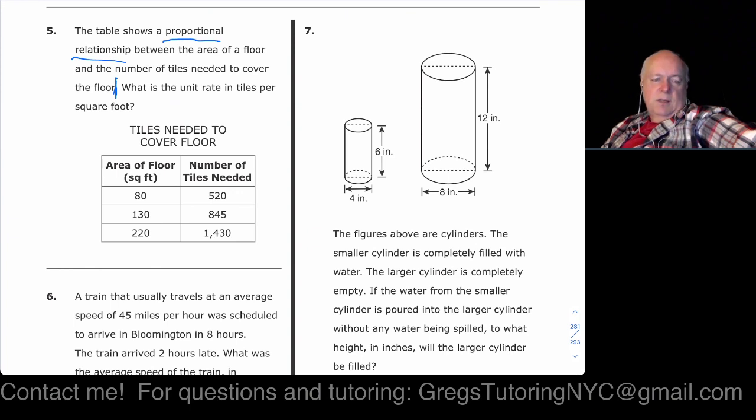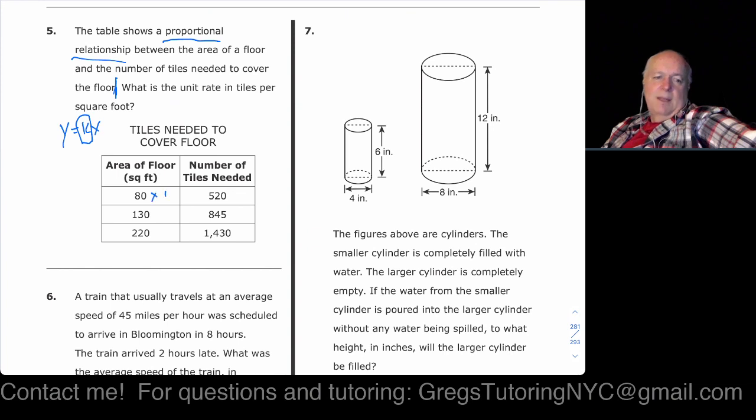Because it's proportional, I know that I have the y equals kx relationship built in there. That means because they told us it was proportional, we know there's a k, all right? So what I might look at is just to see if I can grok the k straight up, because sometimes you can do that, especially once it's in table form. So I can see already that 80 times 6 is 480, all right?